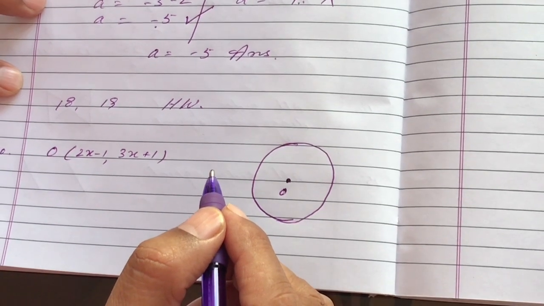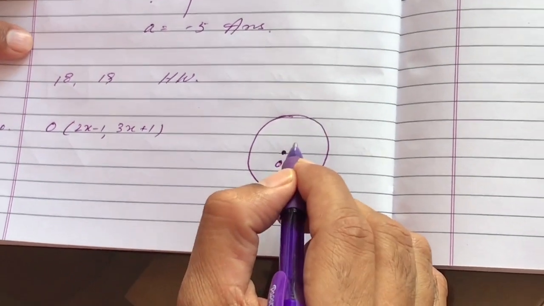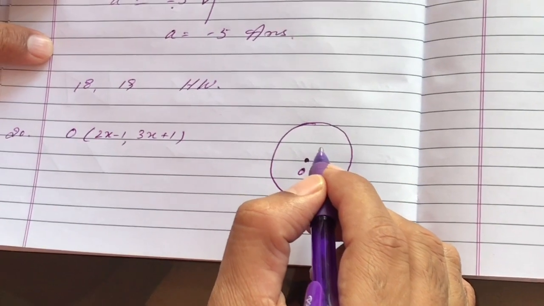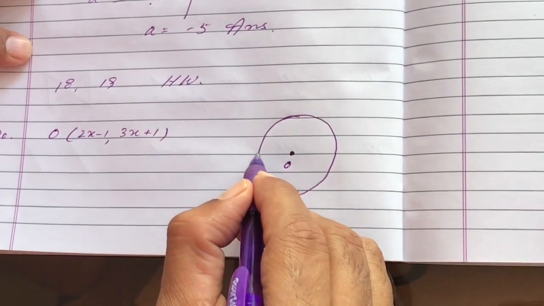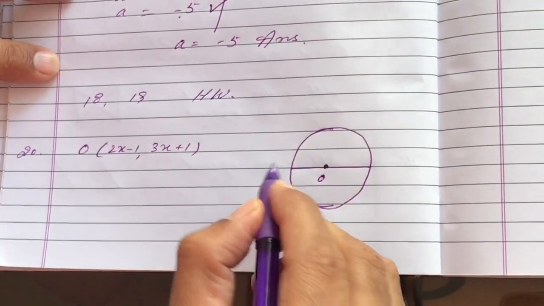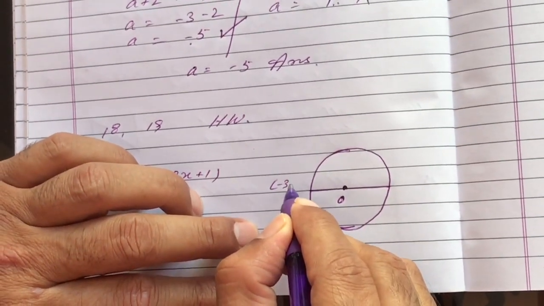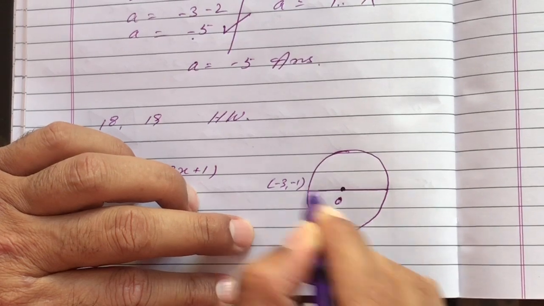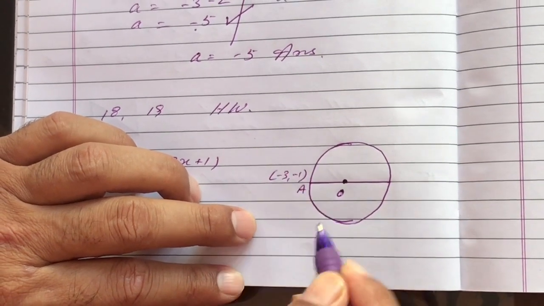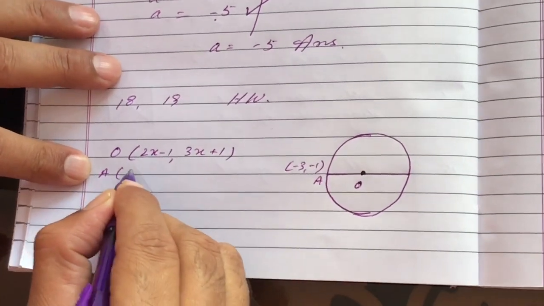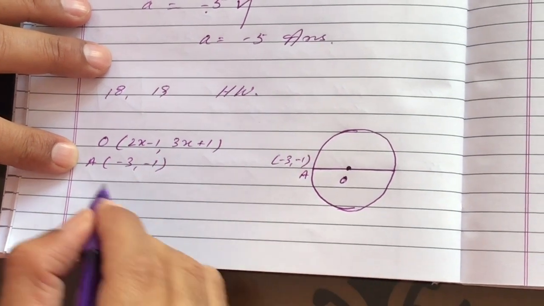Find x if the circle passes through (minus 3, minus 1) and length of diameter is 20 units. The circle passes through minus 3, minus 1, let that point be A. Let A be (minus 3, minus 1).